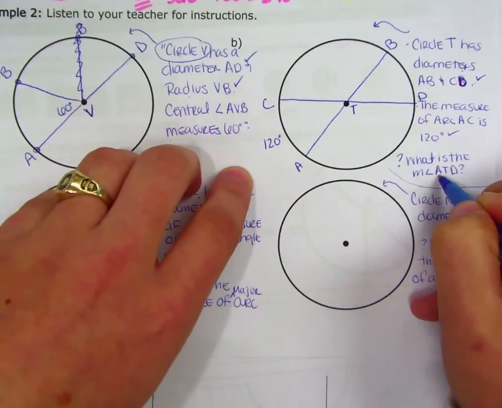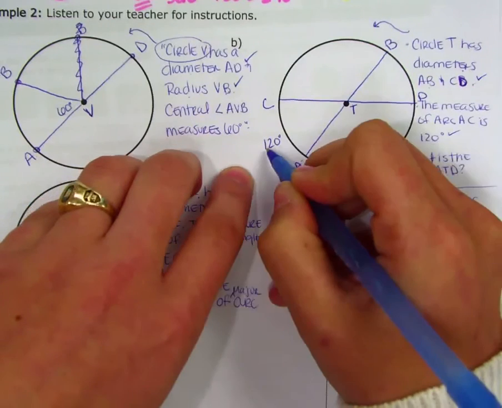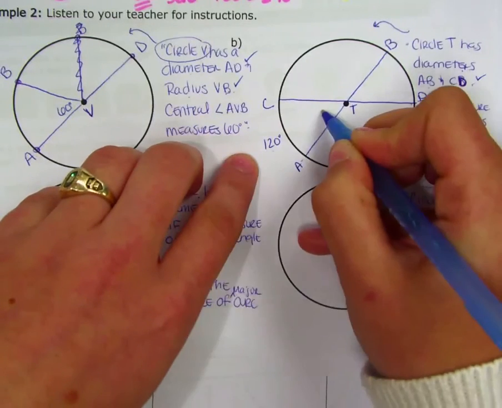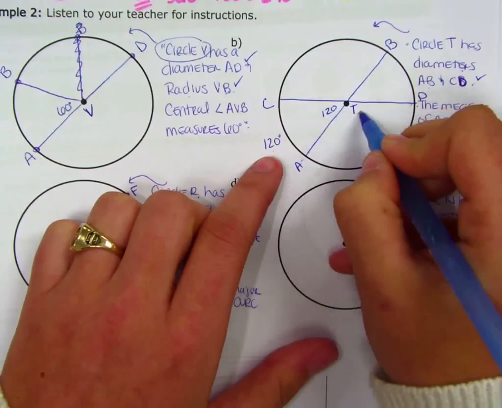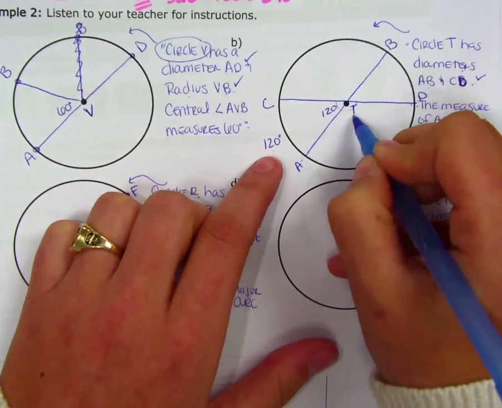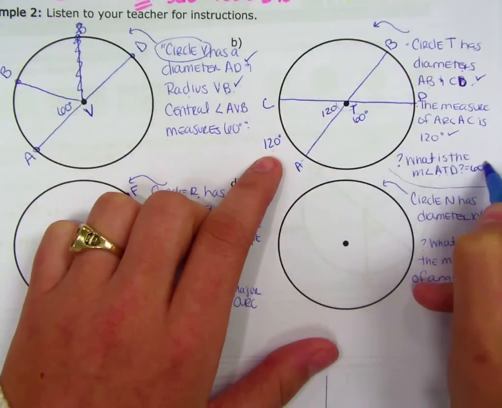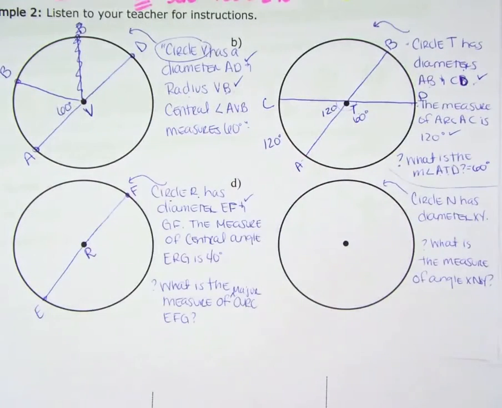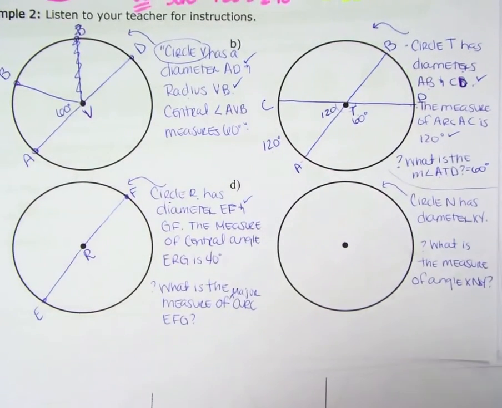What is the measure of angle ATD? So if the arc is 120, the central angle is also 120. These two angles added together will be 180, so that means that this one is 60 degrees. Okay, check the answer keys for the correction of this one and all your answers for the practice.